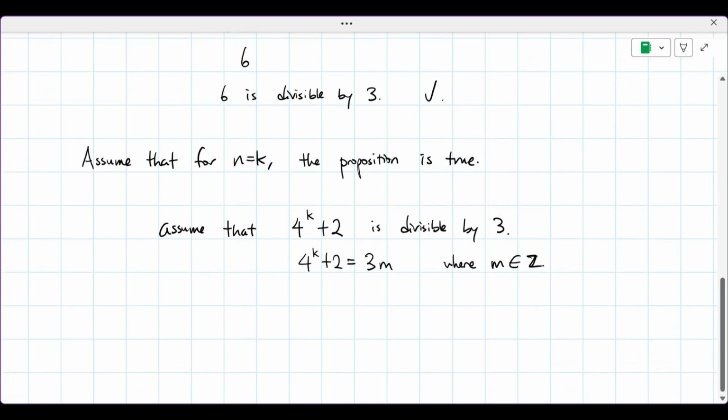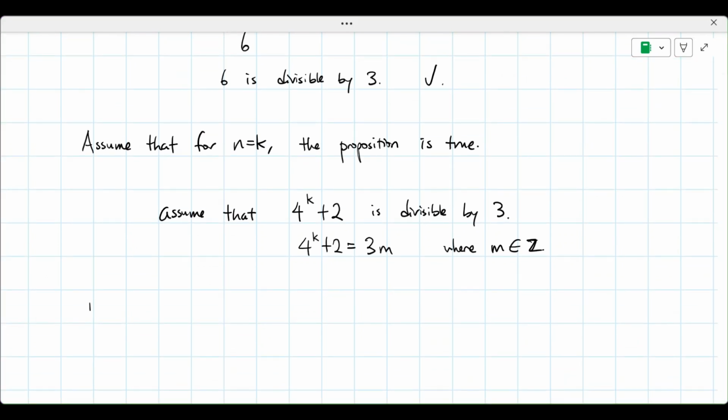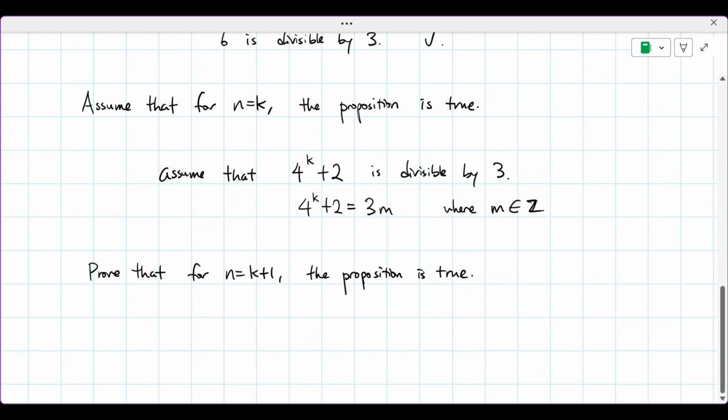Okay, so let's use this fact to prove that for n equals k plus 1, the proposition is true. So we want to prove that 4 to the power of k plus 1 plus 2 is divisible by 3.